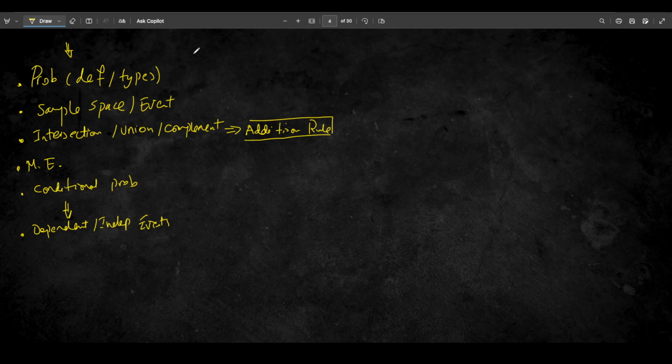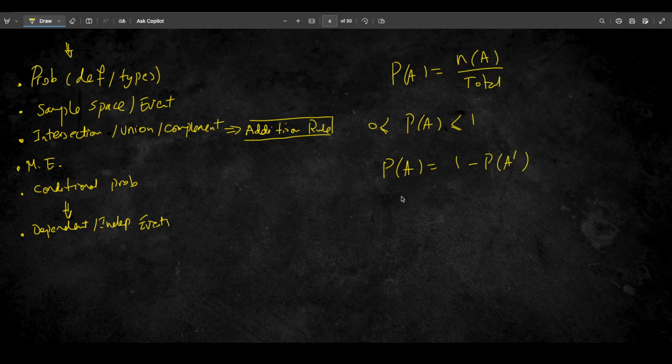So a quick recap: we know that probability of every event equals the number of that event over the total number. We also know that probability of every event is always between 0 and 1. We know that probability of every event equals 1 minus probability of its complement, which is sometimes very helpful.